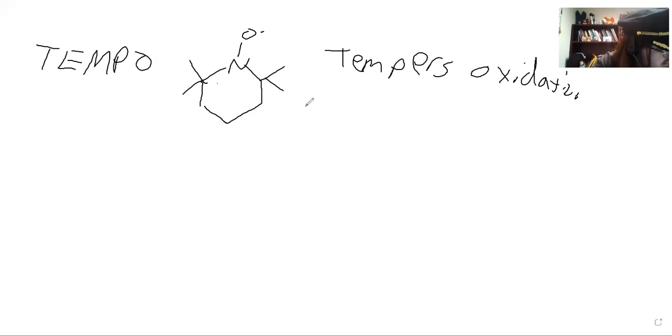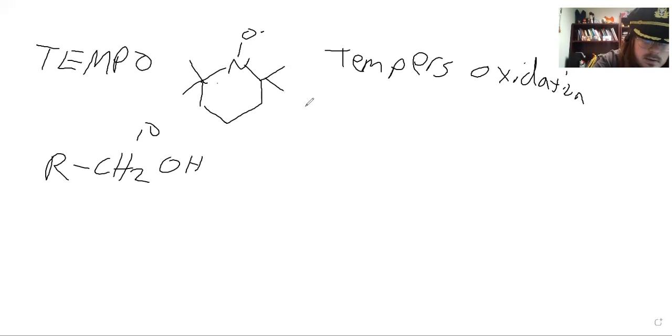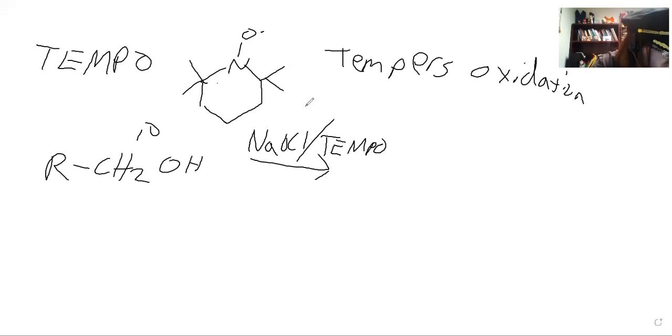So basic idea, if I have a primary alcohol and I use sodium hypochlorite and TEMPO, the byproduct is not an acid. I can easily stop at an aldehyde.